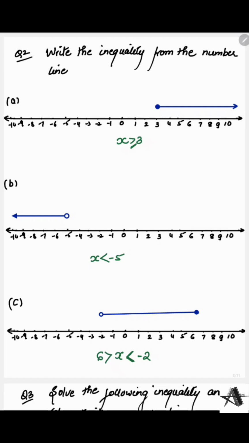A better way of writing it is to write the smallest number first, so -2. x is greater than -2, but smaller than or equal to 6, because 6 has a filled circle. So the value of x is lying between -2 and 6, where we exclude -2 but include 6. This is how I can represent this inequality.